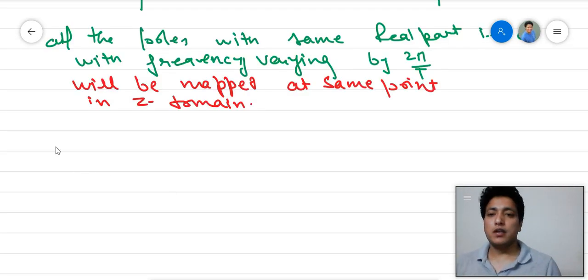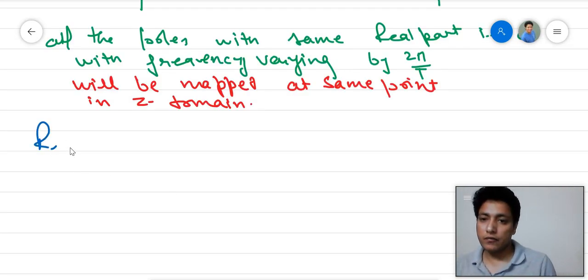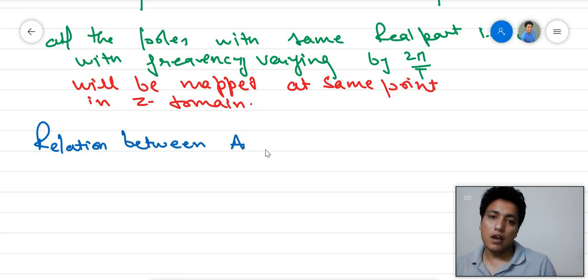Next point is the relation between analog and digital frequencies.